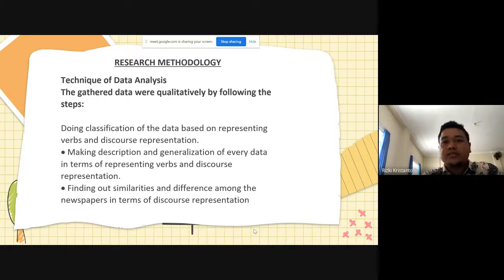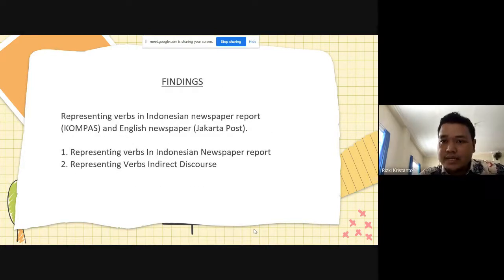And the last one is finding out similarities and differences among the newspapers in terms of discourse representation. So as you all know, these three steps are very important, and we can also take benefit of this technique, especially when we are using qualitative research. Next, please. The findings.